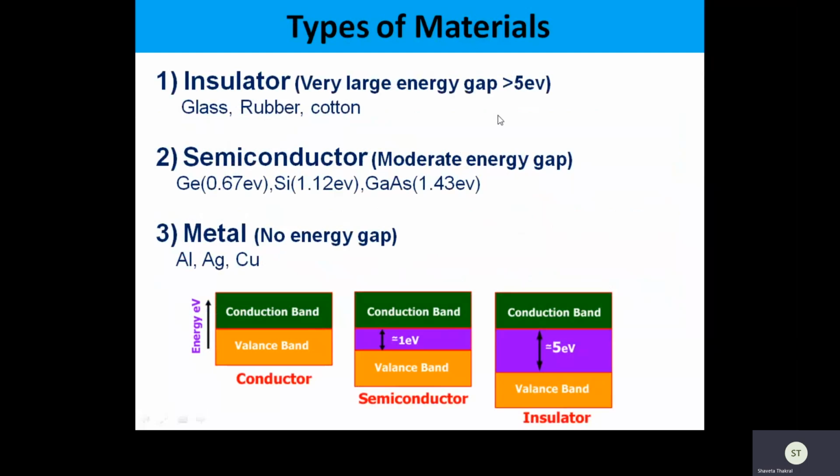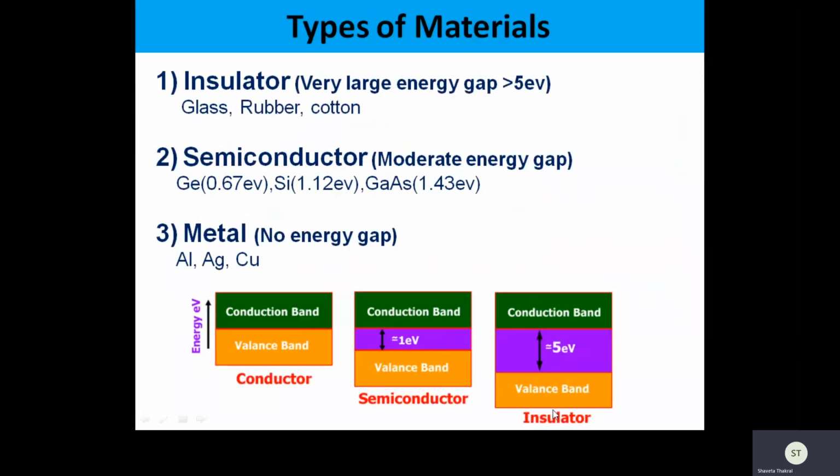We are aware of the three types of materials. The first is the insulator, the second is the semiconductor, and the third is metal. So how are these three materials differentiated? They are differentiated based on the energy gap between the valence band and the conduction band.